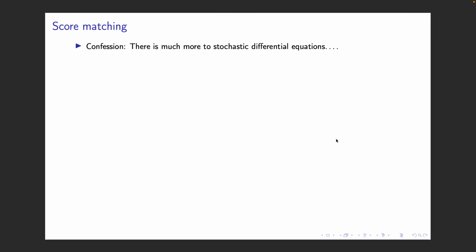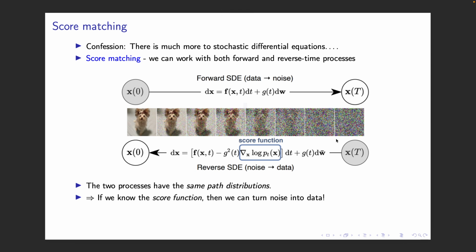I have to make a confession: there's much more to stochastic differential equations and stochastic processes than I have told you about. One very important property that is used in this score matching approach is that you can define equivalent stochastic differential equations that both run forward and backward in time.